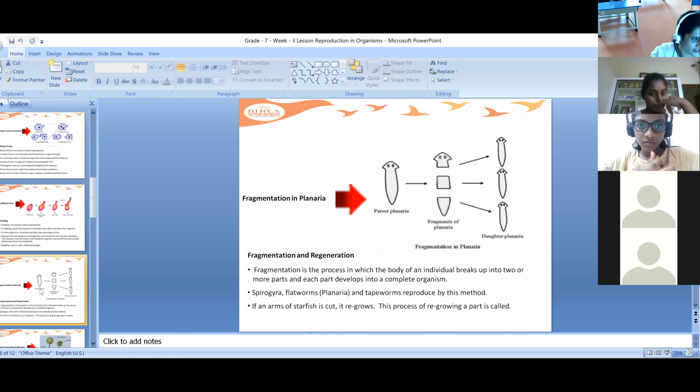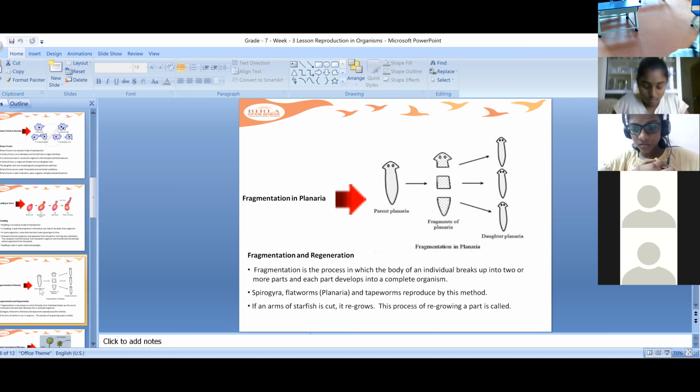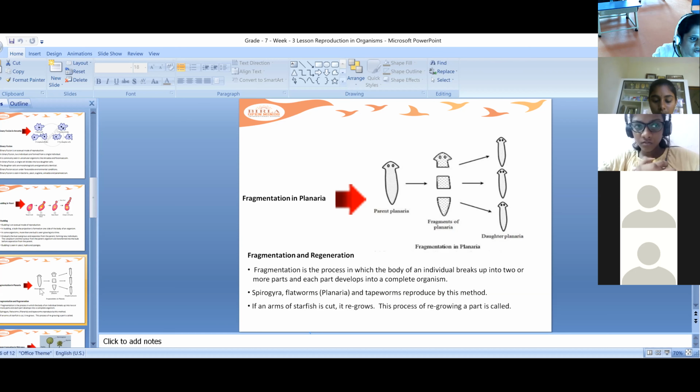So regeneration means getting back the parts. If you see in this planaria, the same thing happens in planaria also. In planaria, fragmentation is the process in which the body of an individual breaks up into two or more parts. Here in this picture, you can see the fragments of the parts of planaria.